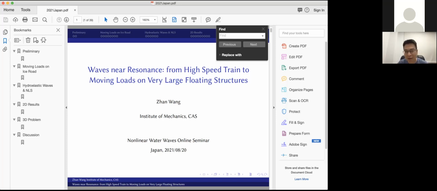And then if you study the forcing, you'll find that there are two restoring forcings. The first restoring forcing: you can model the track as an elastic beam, and then the force exerted by the deformation of the sheet is proportional to the fourth derivative of the displacement. This is called Euler-Bernoulli beam, so it's a fourth derivative term.